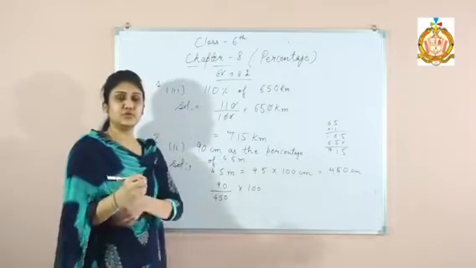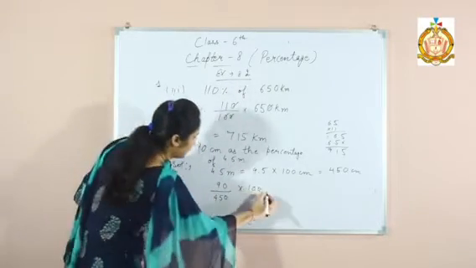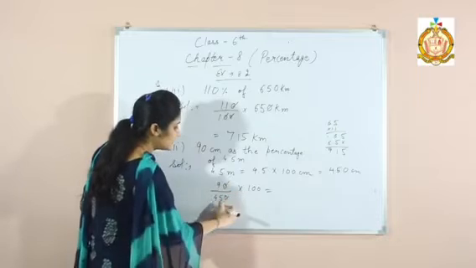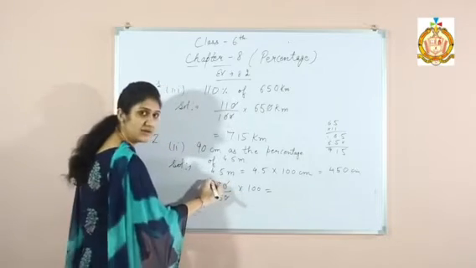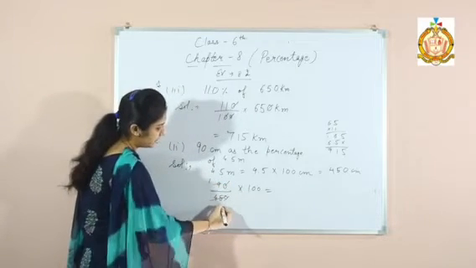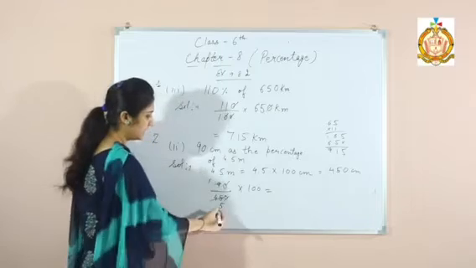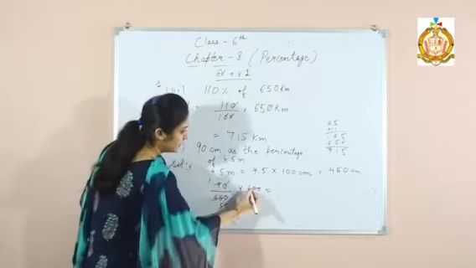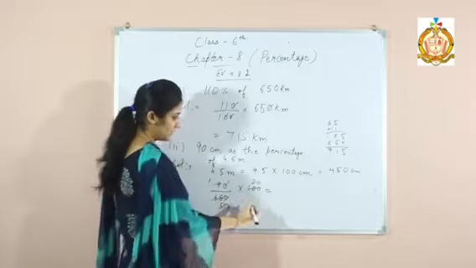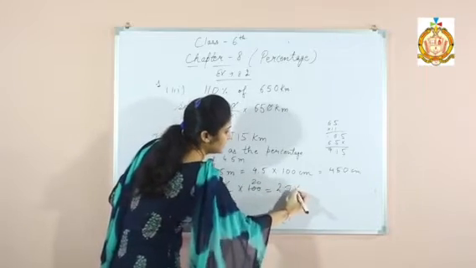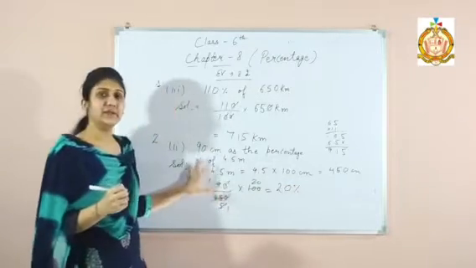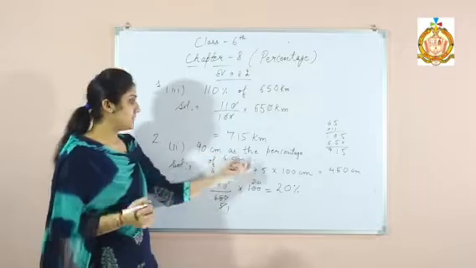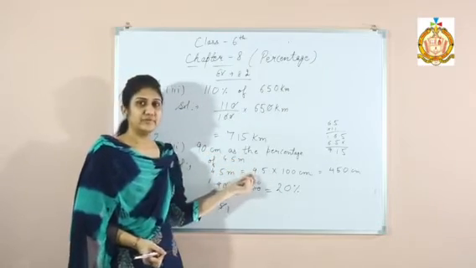After solving it, you will get the answer. Cancelling 0 with 0, 9 ones are 9, 9 fives are 45. Again cancelling here with 100, 5 ones are 5, here 20. So our answer is 20%.